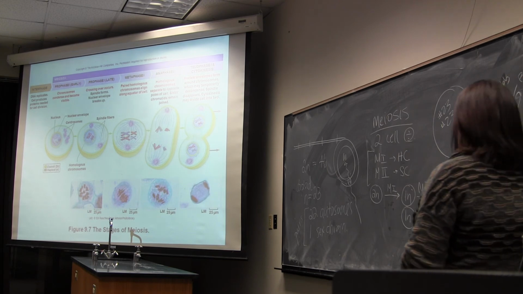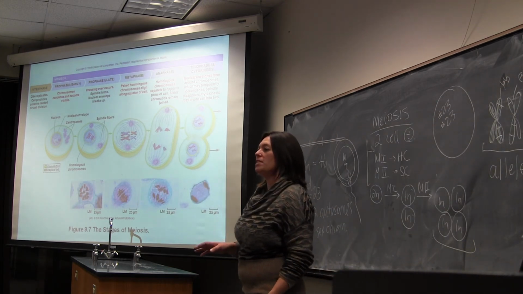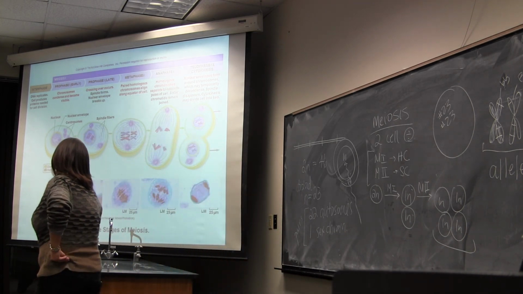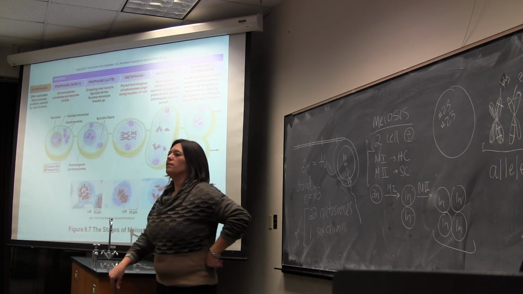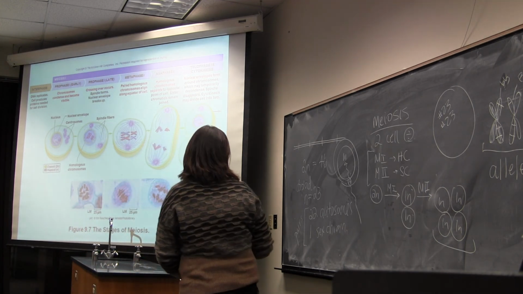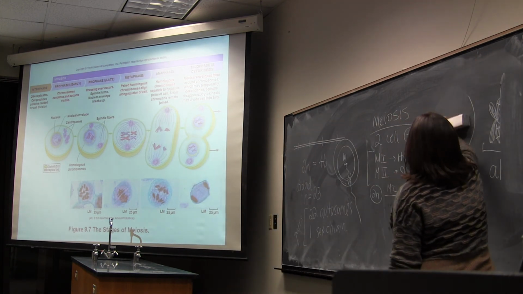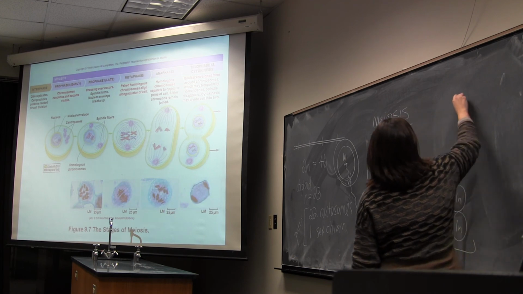Okay, and a lot of these mechanisms are going to be extremely similar to what happens in mitosis. So hopefully this will be somewhat of a review. But there is going to be something that's totally different from mitosis, and it's something that we should address right now. So we have these homologous chromosomes, right?